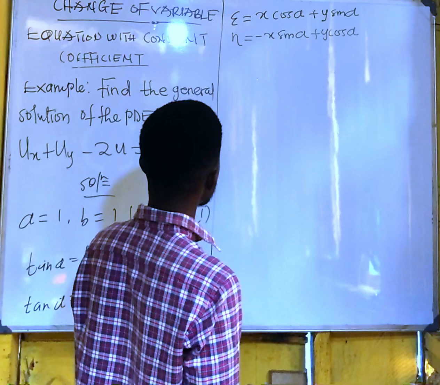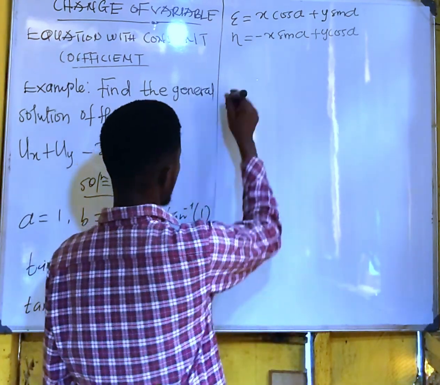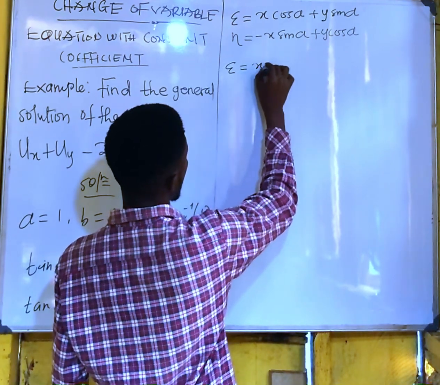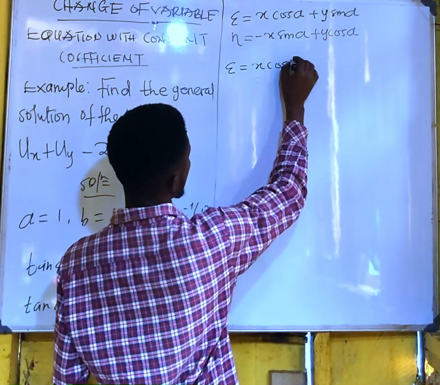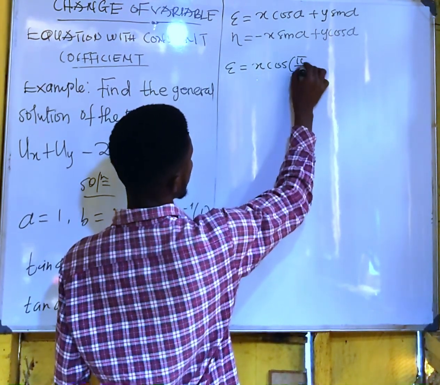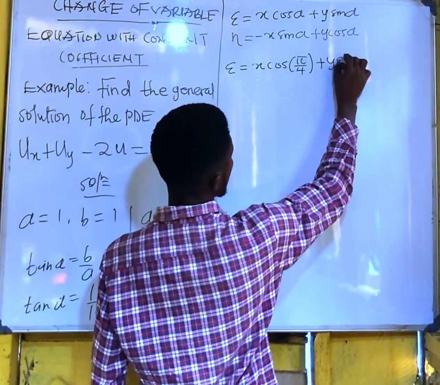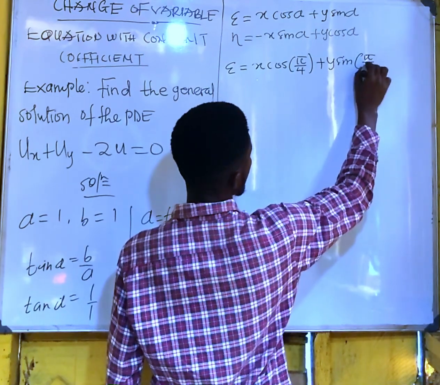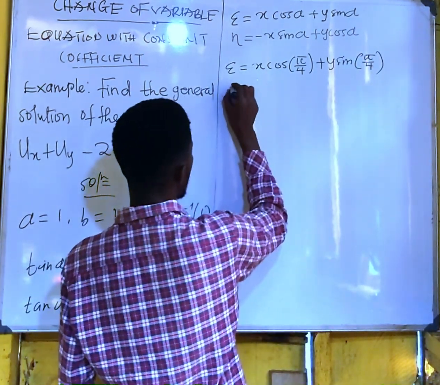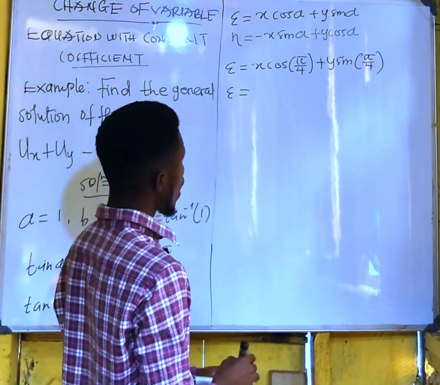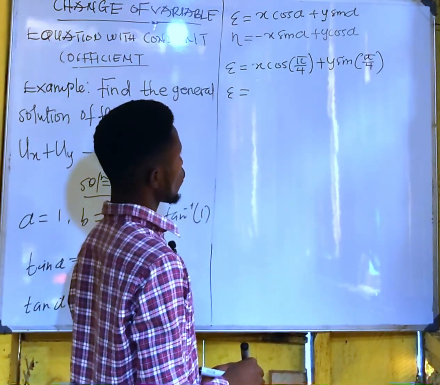In this case, our xi will be equal to x cos of alpha, which is pi on 4, plus y sine of alpha, which is pi on 4. So we have xi equals cos of pi on 4, which is 1 over root 2.